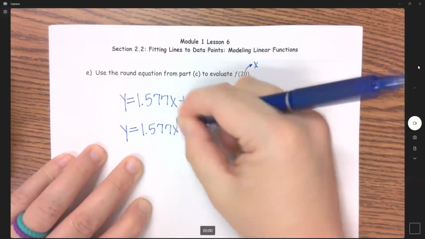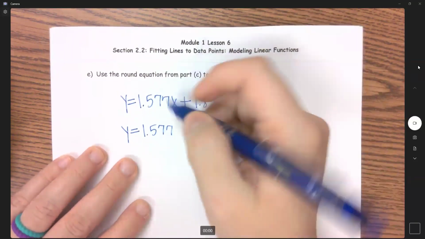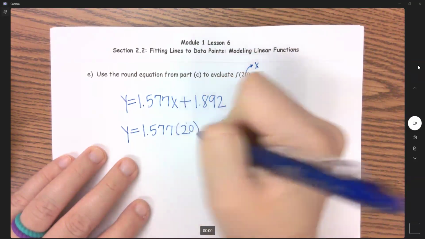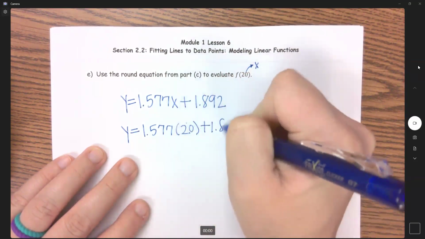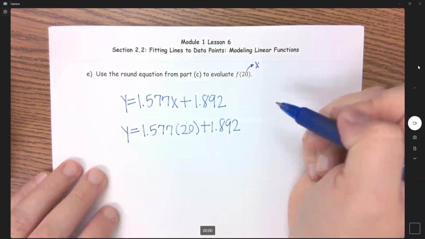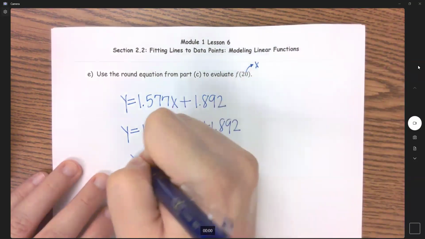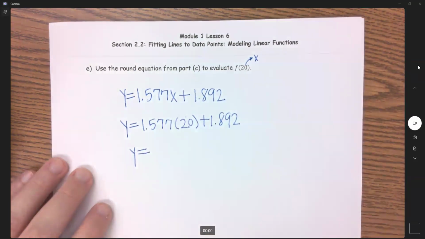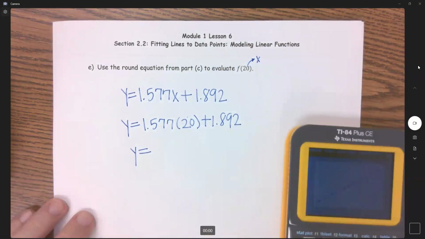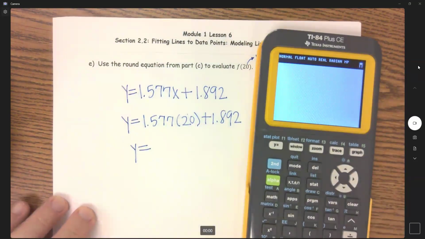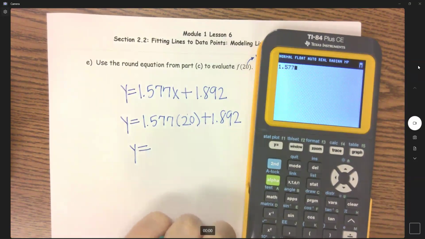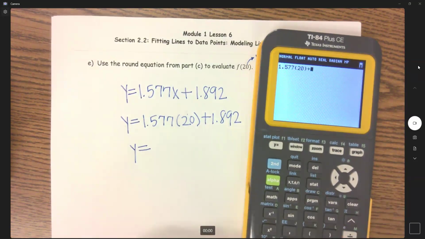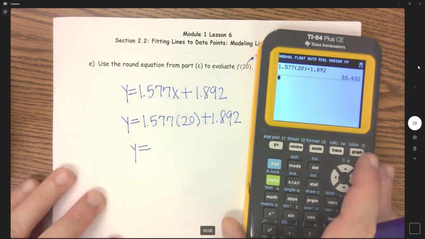My x is 20, so I'll substitute that in there, plus 1.892. So my y, or f of 20, equals 33.432.